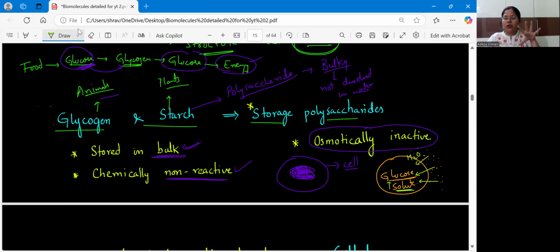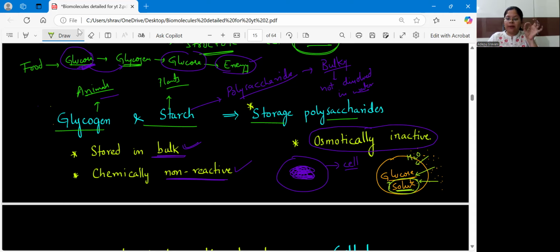So if the cell is storing more and more glucose, more and more water tends to enter the cell. As a result, the cell will swell, and in the end it can burst also. So these are the chances for the cell when the glucose is stored as it is, because it is acting as a solute here. Okay.